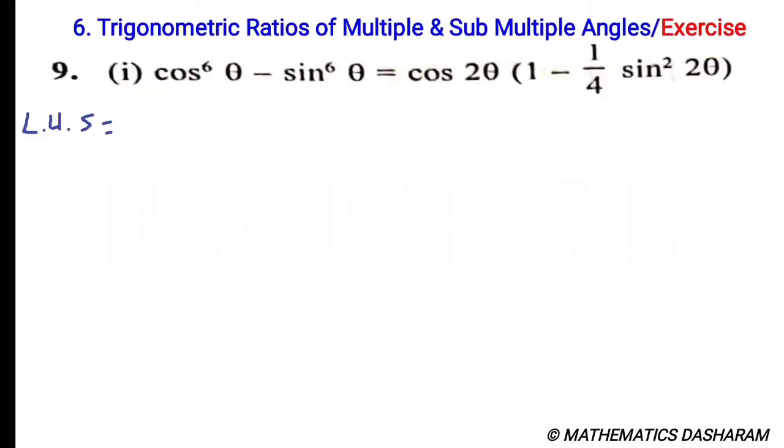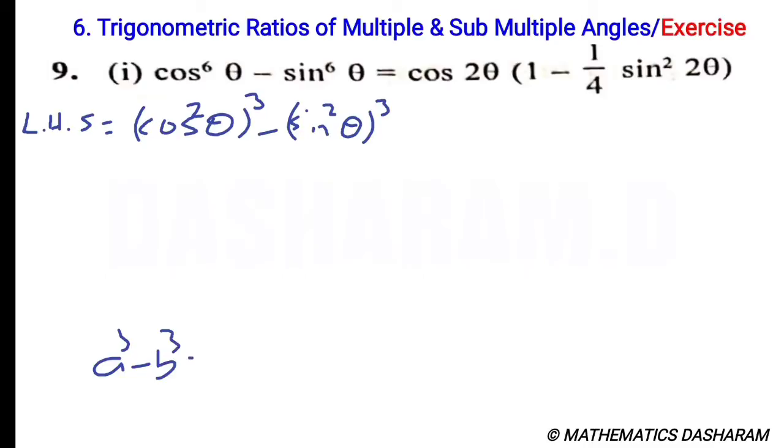Here cos theta whole power 6 can be written as (cos square theta) whole cube minus (sin square theta) whole cube. Now here we can apply one formula, a cube minus b cube. So a cube minus b cube formula is (a minus b) into (a square plus ab plus b square).